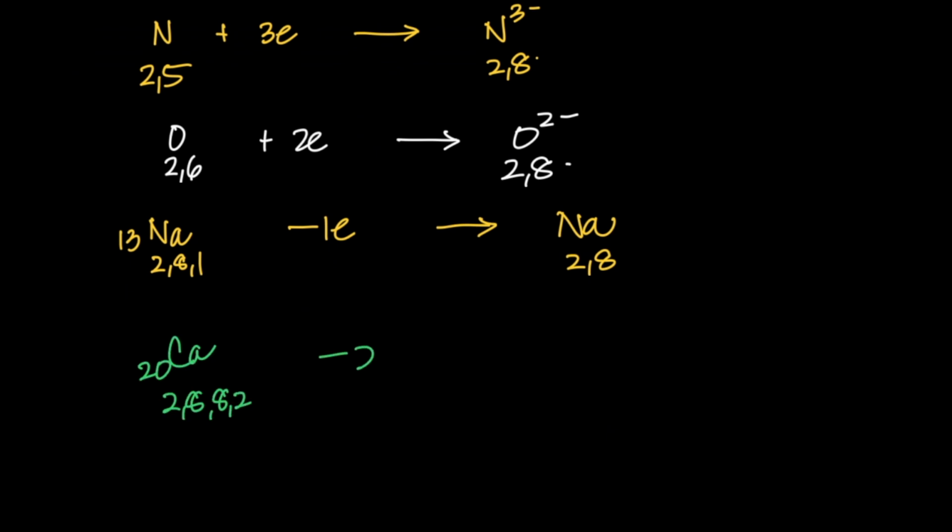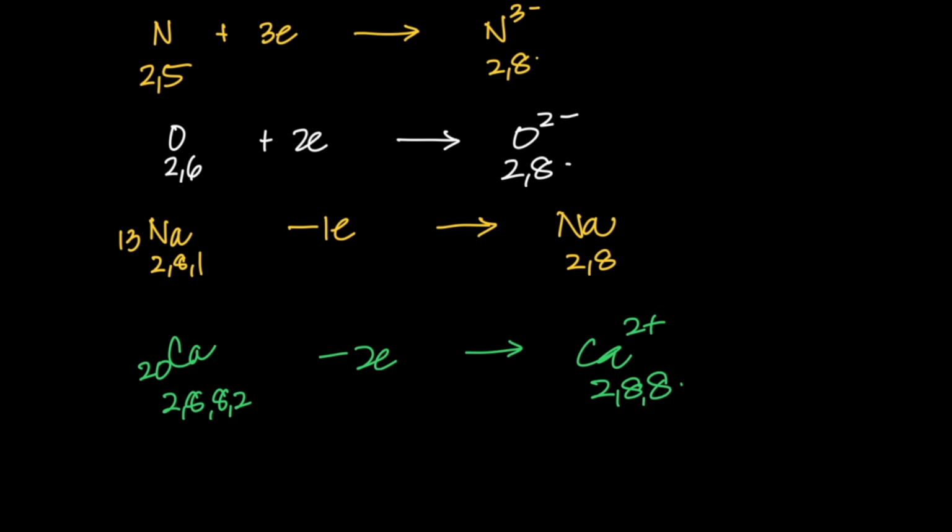But when it loses 2 of these electrons, it becomes calcium 2 plus, 2,8,8. And their configuration is identical to noble gas configurations. For example, all these 3 have the same configuration as neon, and this one has the same configuration as argon.